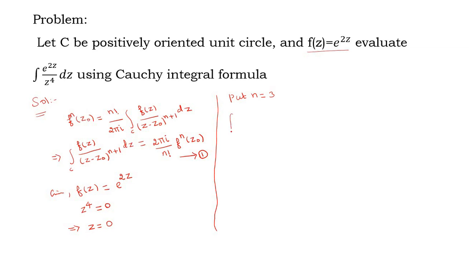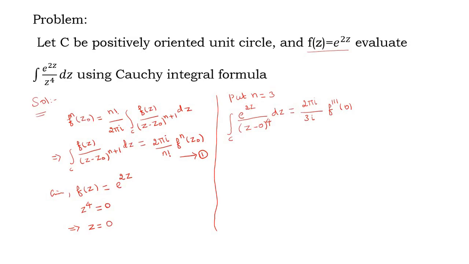So we get integral over C e power 2z divided by (z minus 0) whole power 4 into dz equal to 2 pi i divided by 3 factorial into f triple dash of 0.